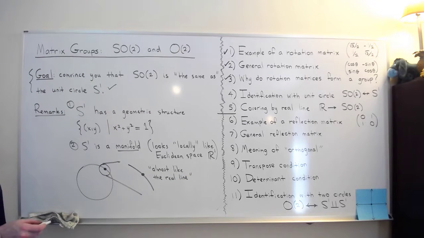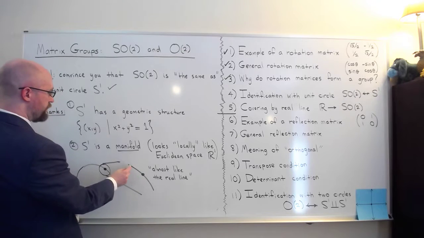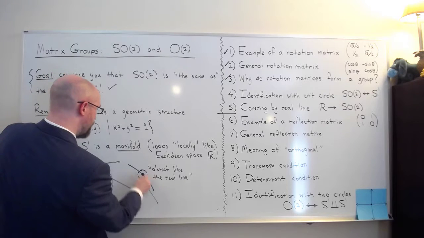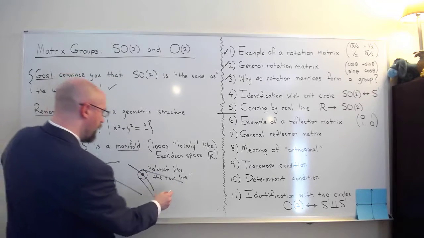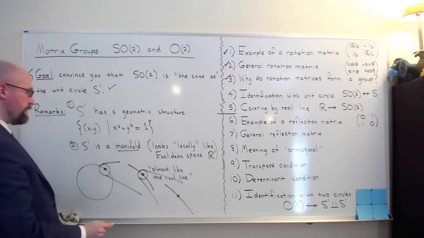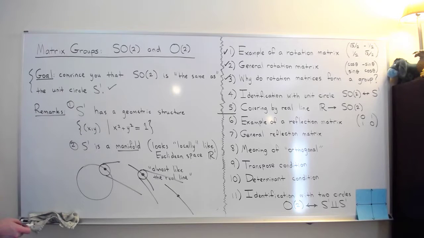And so, I mean, you can imagine that if I zoomed in even closer, near that point this would be almost straight. It would look nearly like the real line.